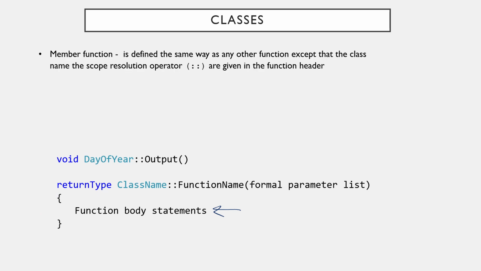All right, so when you write member functions, if you define the function outside of the class declaration, which is the way we're going to do it in this class, you're going to separate your class declaration, which is the prototypes, the member variables, the member functions, from the implementation.